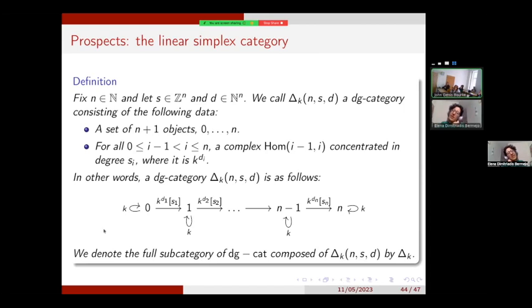So the idea is that Delta_k of n, s, d is of this form. And so we denote the full subcategory of DG categories composed of these by Delta_k. And we call that the linear simplex category.